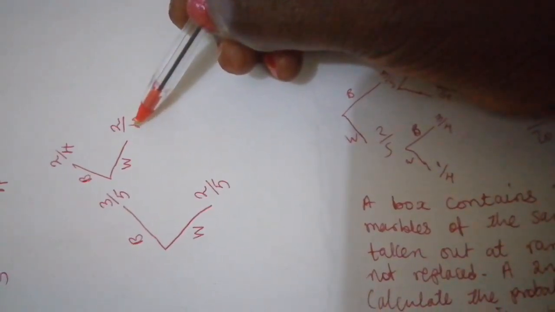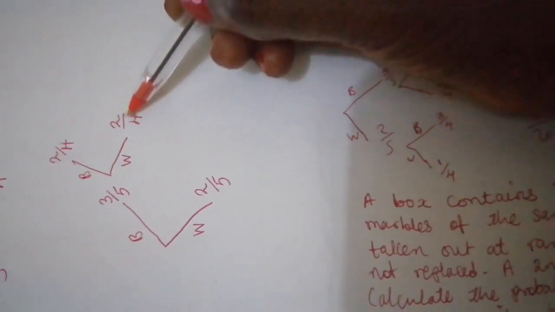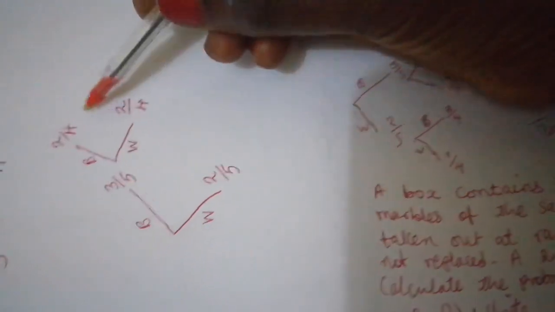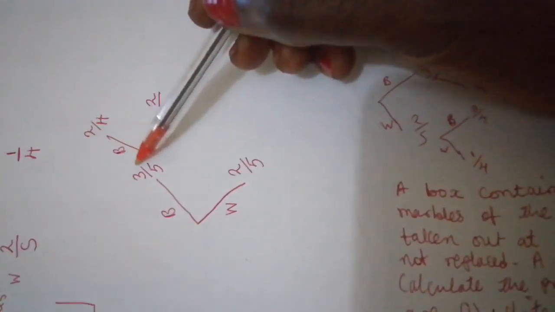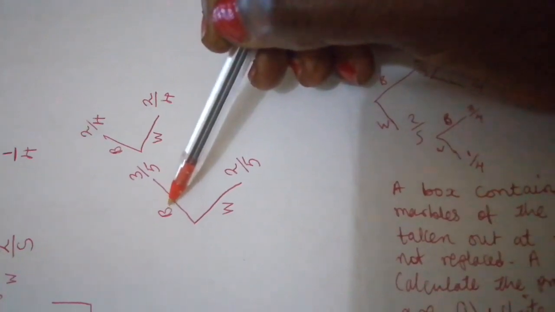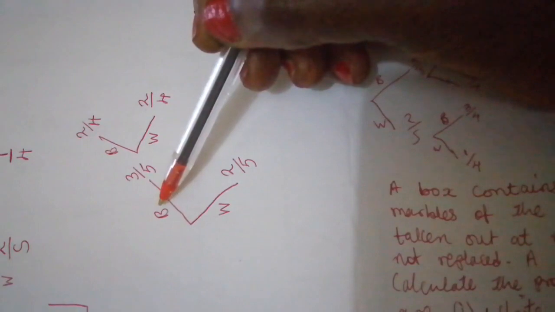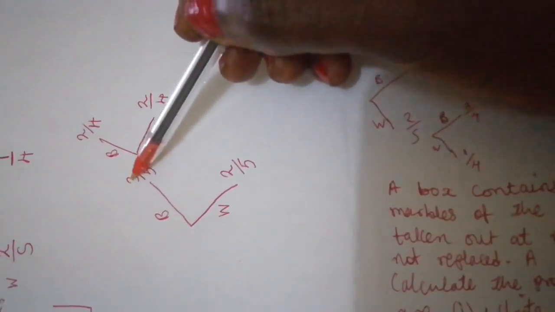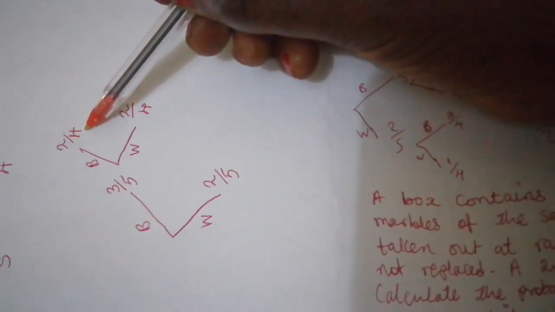So the chances of picking a white marble in the second row is 2 out of 4. Here it's 2 out of 4 because it's showing us that in the first draw we picked a black marble. So the number of black marbles has reduced from 3 to 2, out of the total number of marbles in the box.